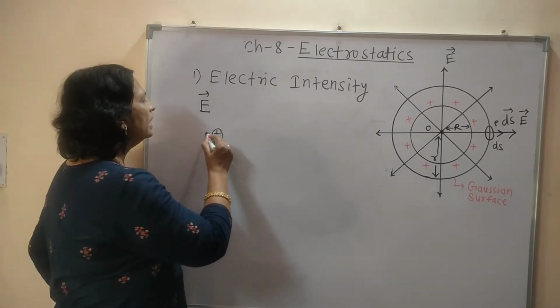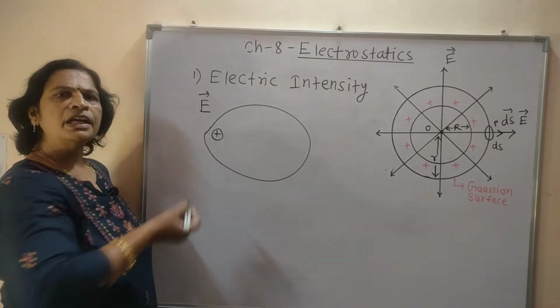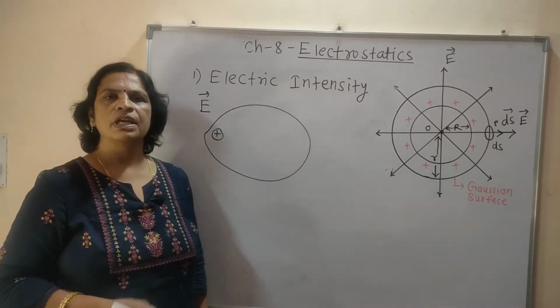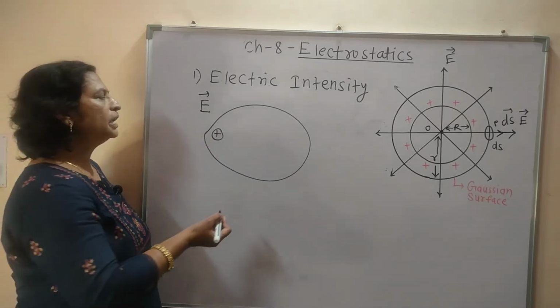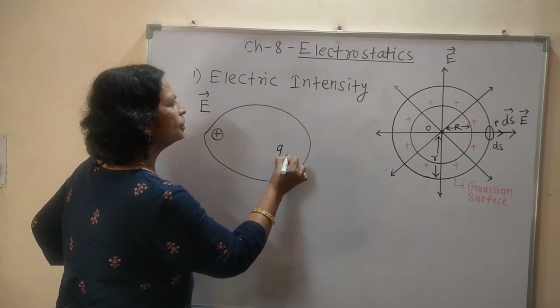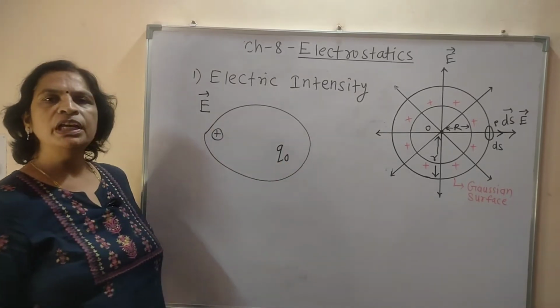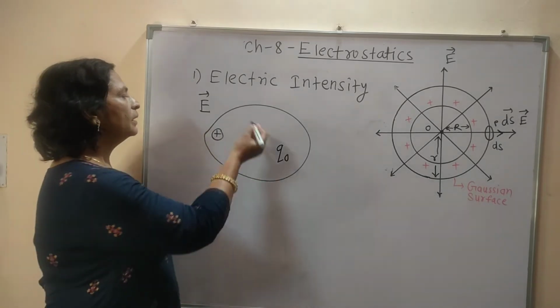There is a field around this charge, meaning that the charge itself produces a field. Suppose this Q0, a unit positive test charge, is brought within that field.